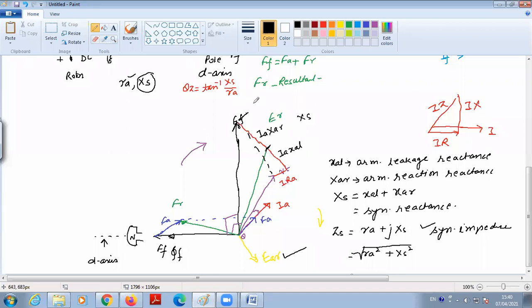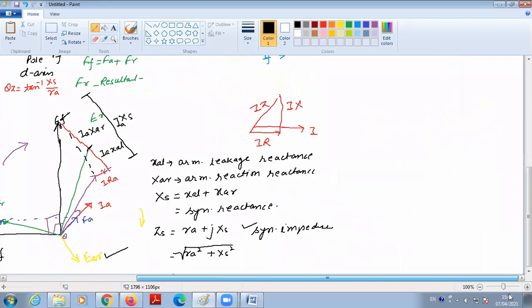The total reactance drop is IA into Xs. So it is not necessary to draw this part, and we will simplify this diagram to the simplest form.